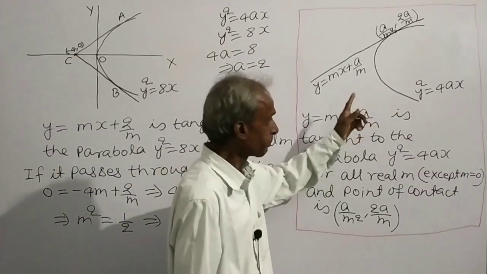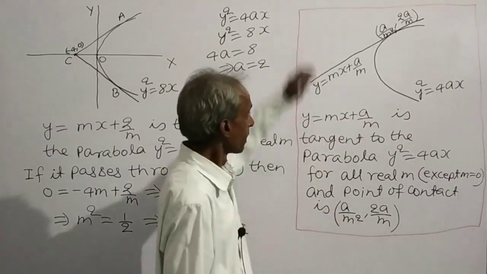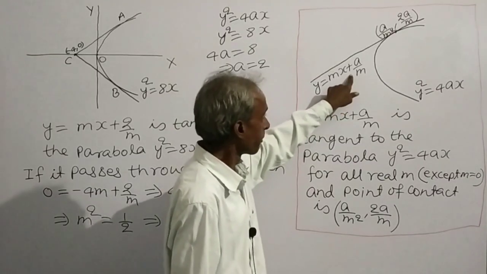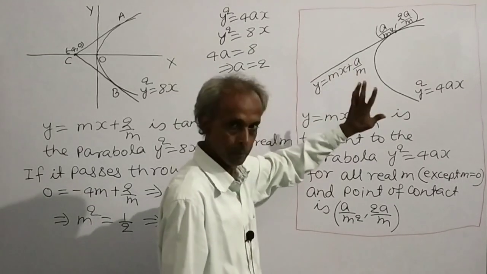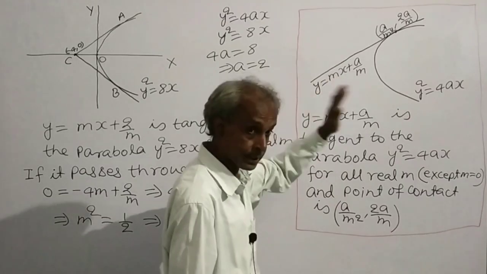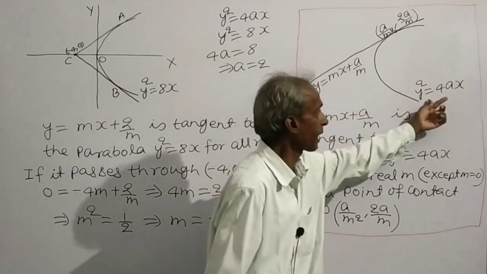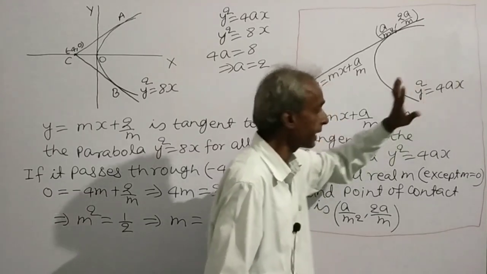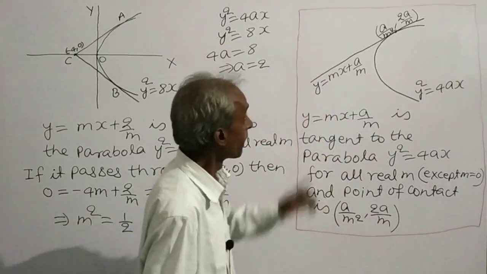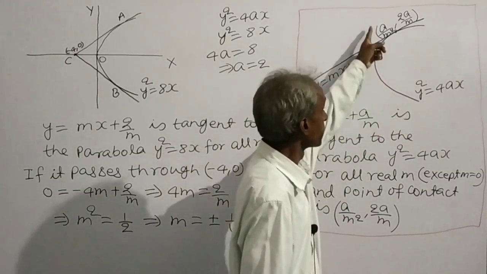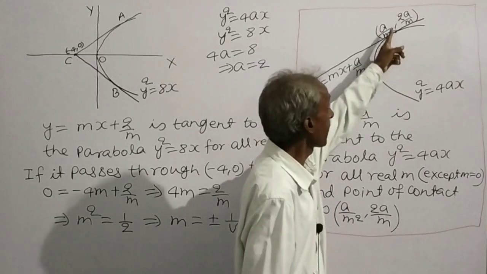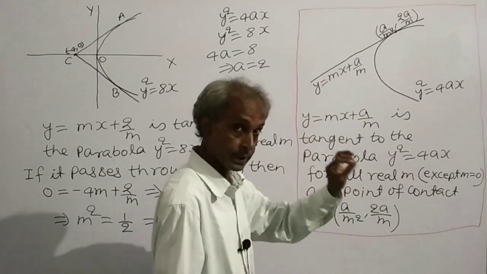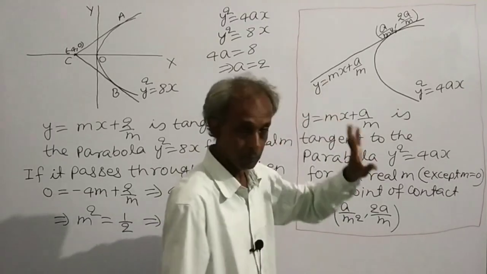This is the formula: y is equal to mx plus a by m always touches the parabola y square is equal to 4ax at the point a by m square, 2a by m, for all real values of m.